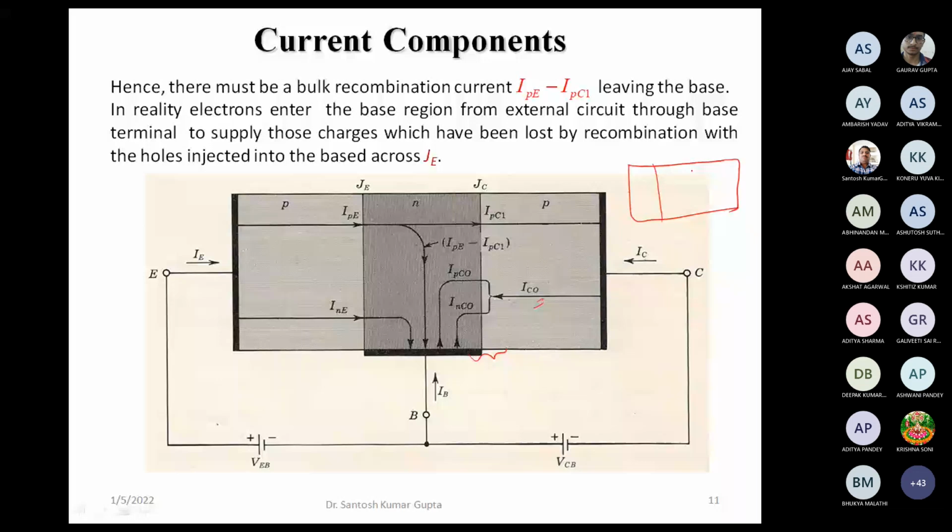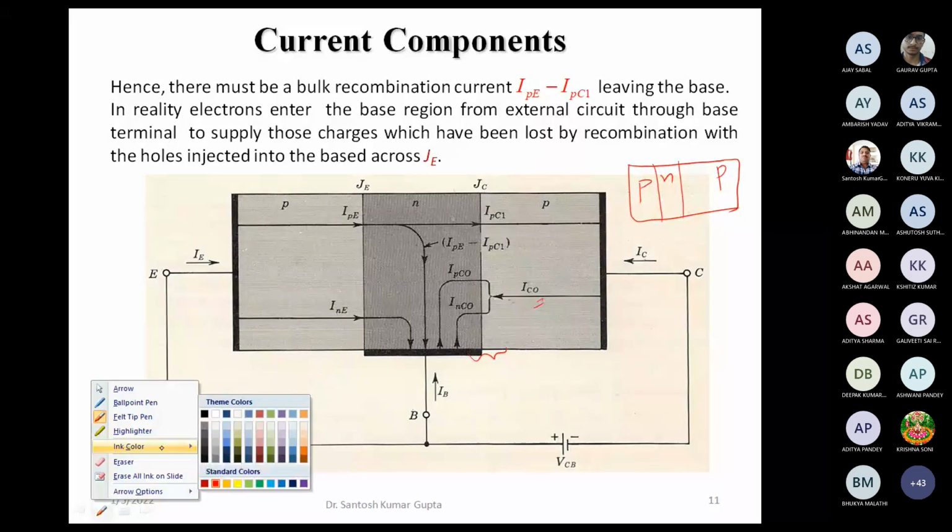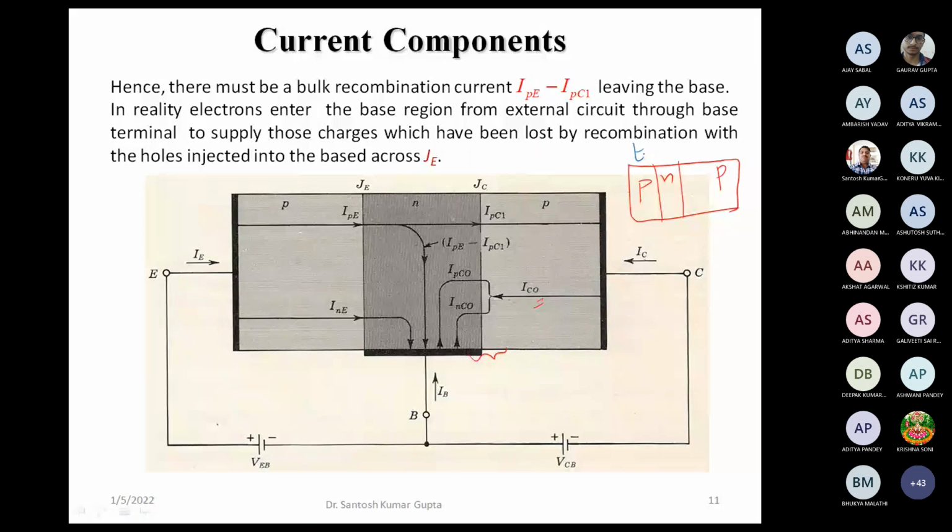Let us say that this is a PNP transistor: emitter, base, and collector. The emitter junction was forward biased.